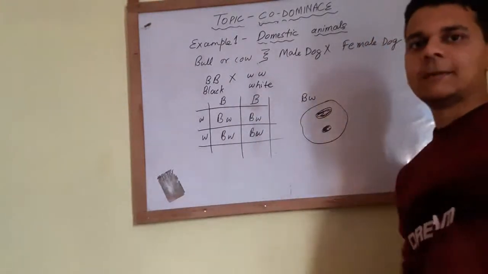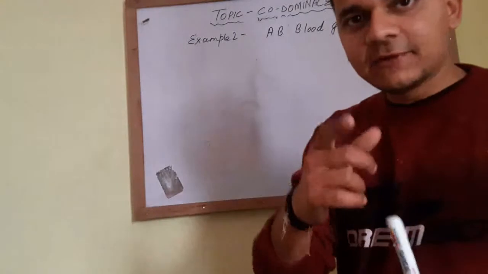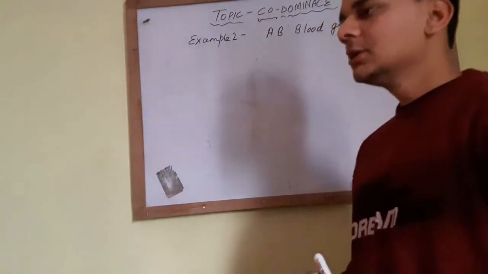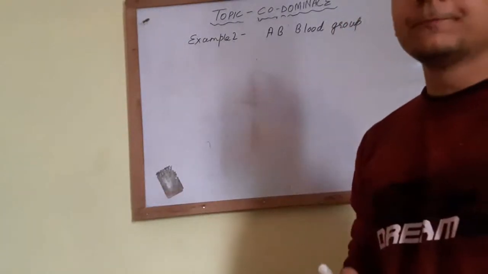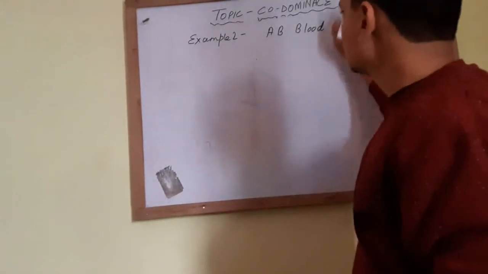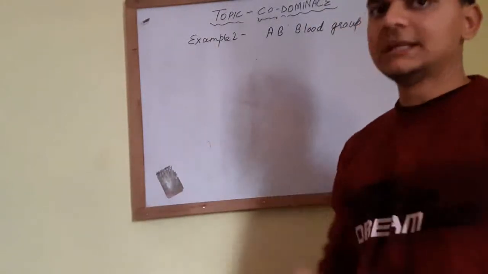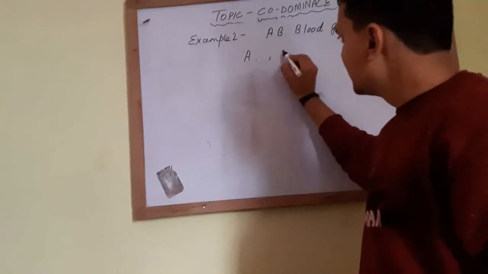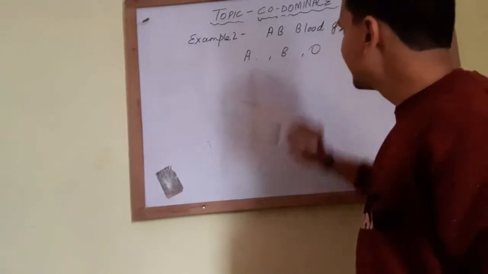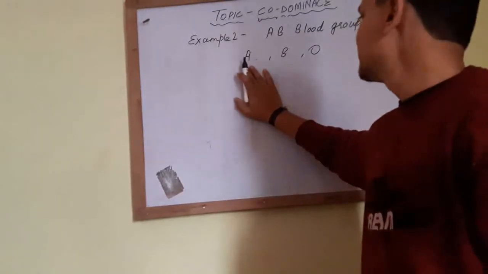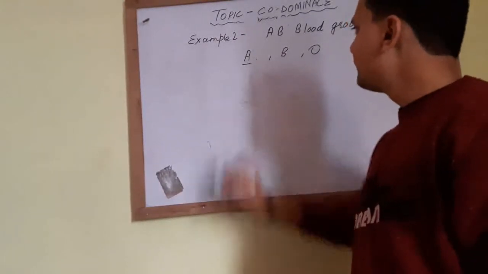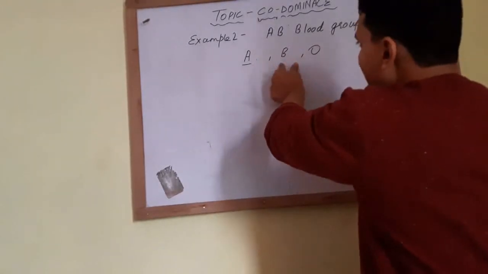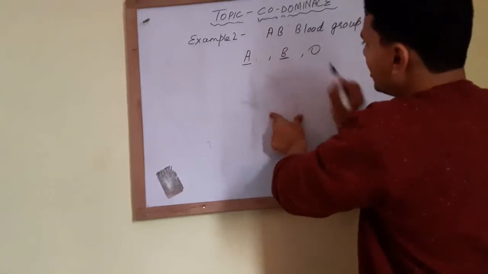Let's talk about another example of codominance. The example we will talk about is AB blood group in organisms. AB blood group also shows codominance. How? When we talk about A, B and O alleles, or genes, A performs as a dominant trait, and B also performs as a dominant trait.